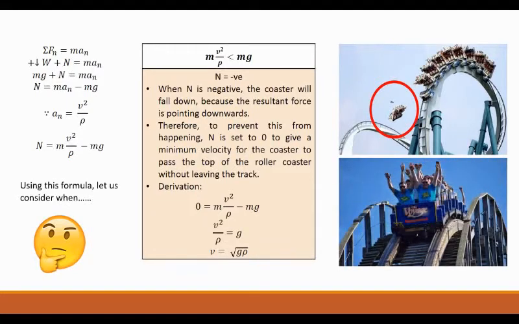With this, the minimum velocity is calculated for the coaster. The coaster will be safe to run because it won't leave the track. So in my opinion, this is why for the coaster to not leave the track at point B, the normal reaction is 0.